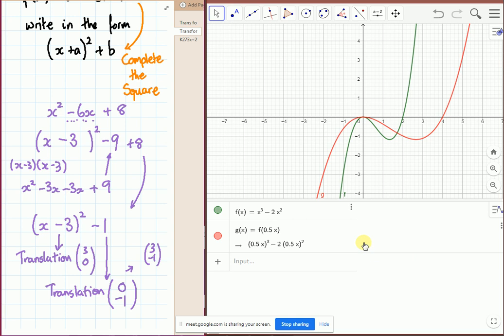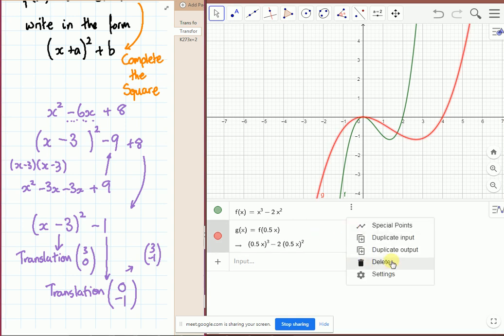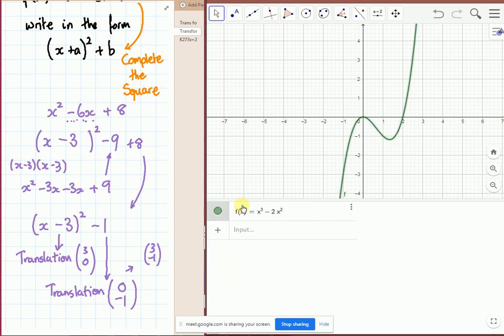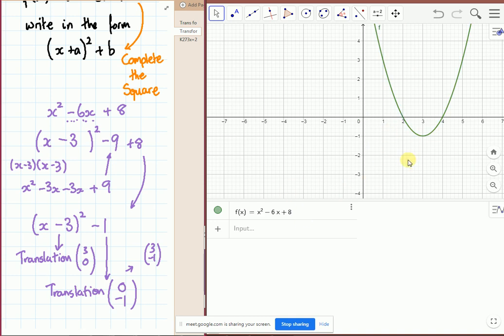So if I delete that function, and I put in the function here, we had x to the power of 2 minus 6x plus 8. There we go. There's my graph.